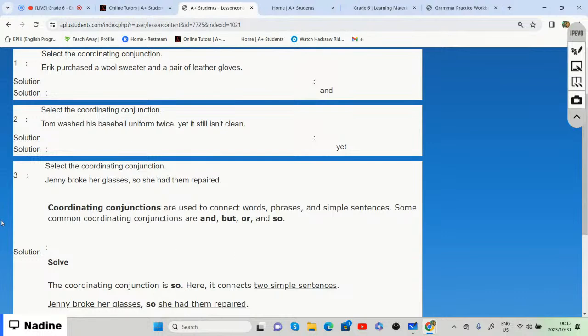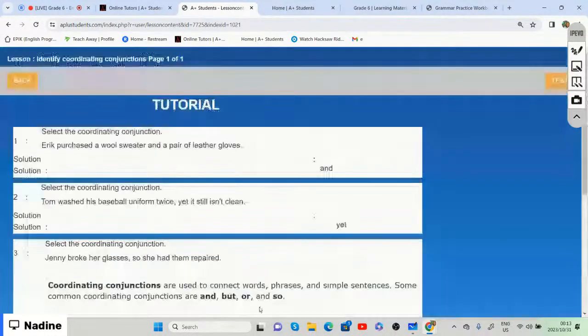So we use coordinating conjunctions to connect words, phrases, and simple sentences, and they are and, but, or, and so.